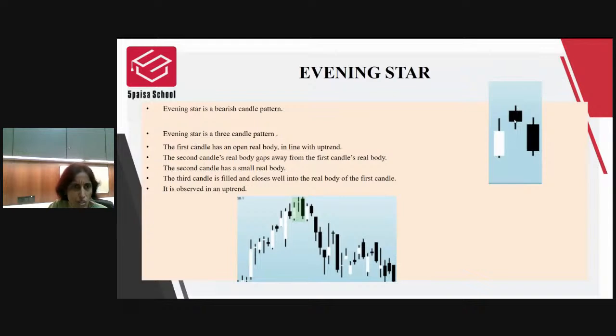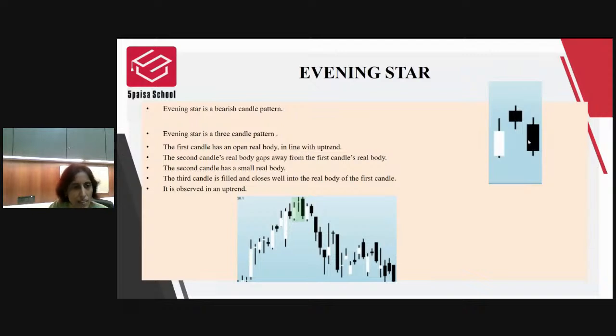The second candle's real body gaps away from the first candle's real body, as you can see over here, and the second candle has a small real body.